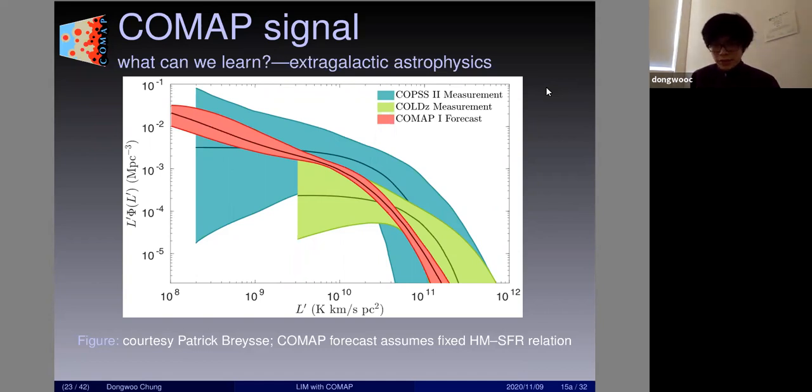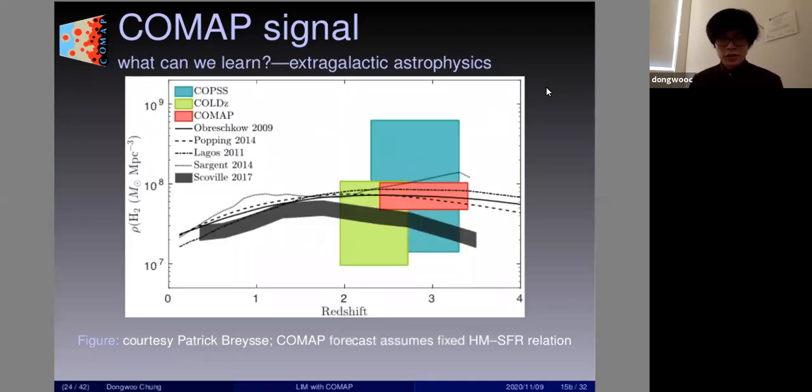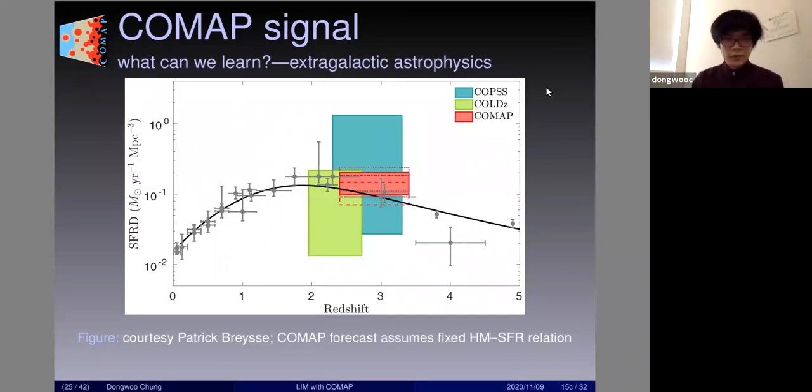And so we can infer some kind of galaxy-halo connection. We can back-infer the abundances of the CO sources for each given luminosity. And we can even translate these luminosity function constraints into constraints on things like molecular gas density, or in an alternate formalism, we can think of getting an integrated constraint on the star formation rate density.